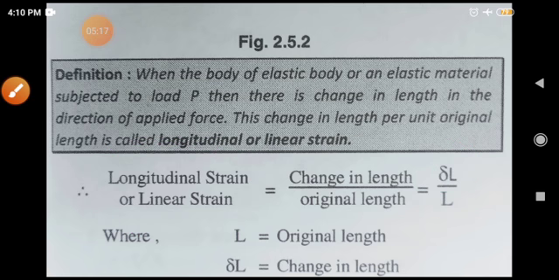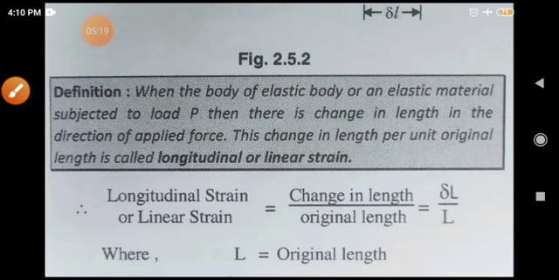Now let's see the definition. When an elastic body or an elastic material is subjected to a load P, there is a change in length in the direction of the applied force. This change in length per unit original length is called longitudinal or linear strain.